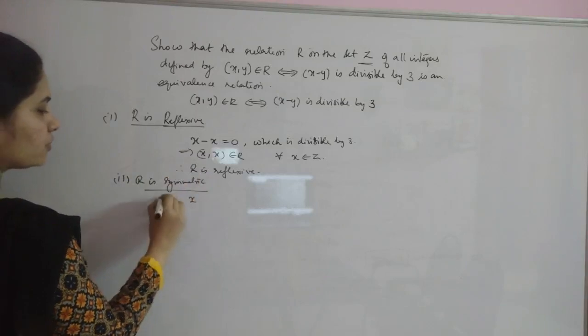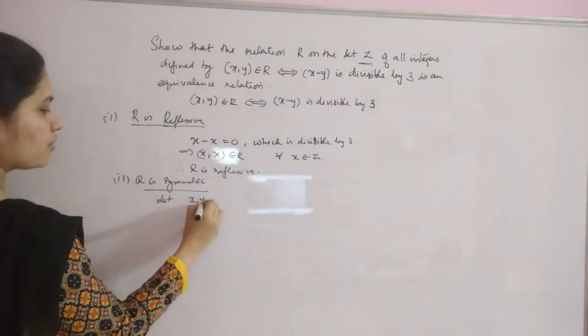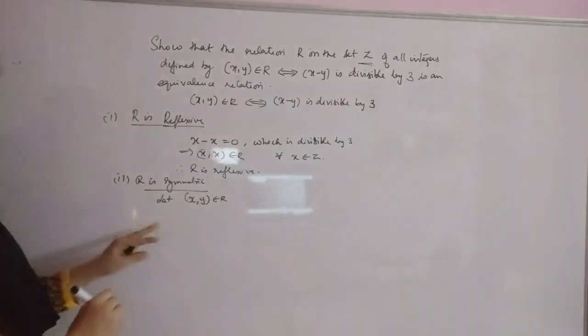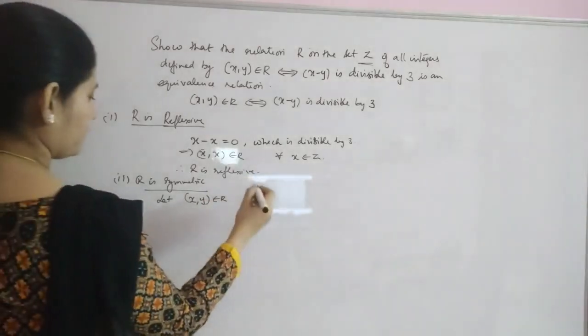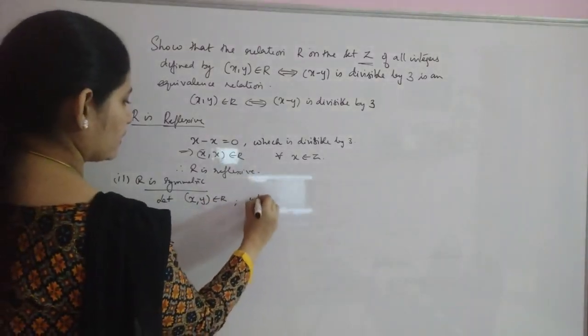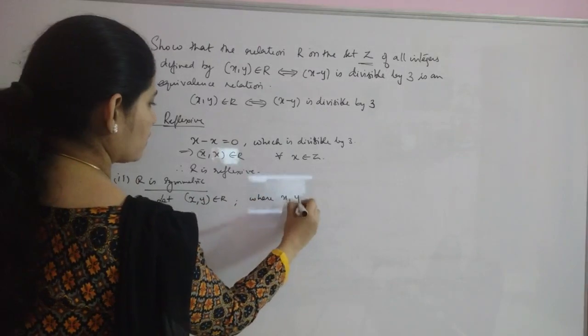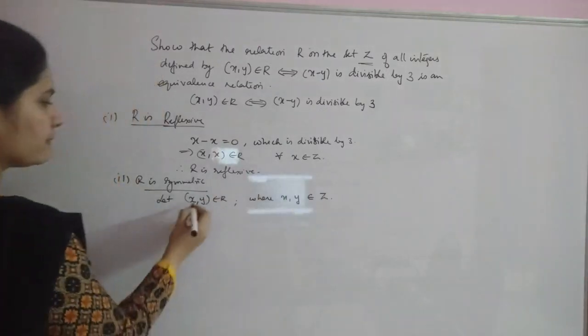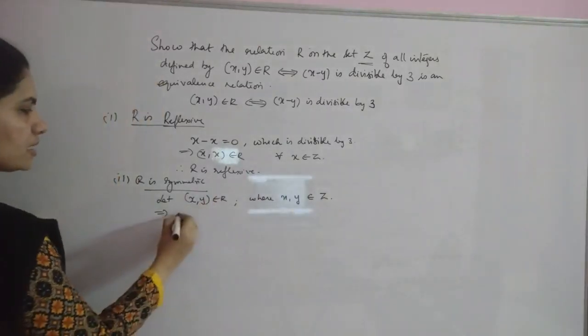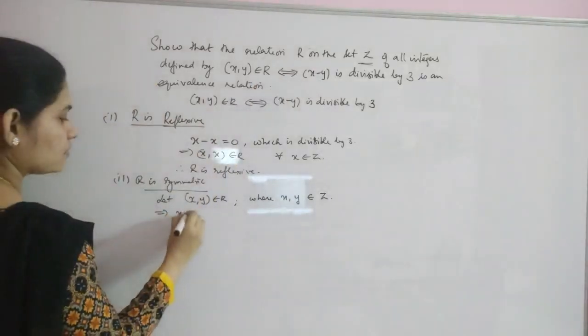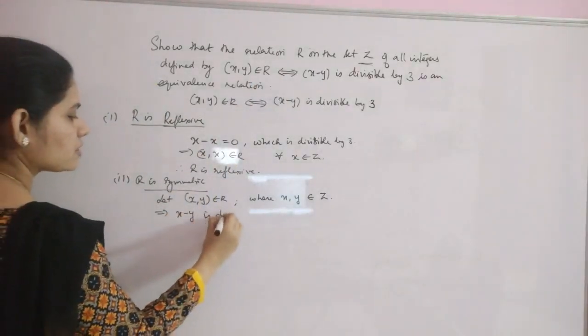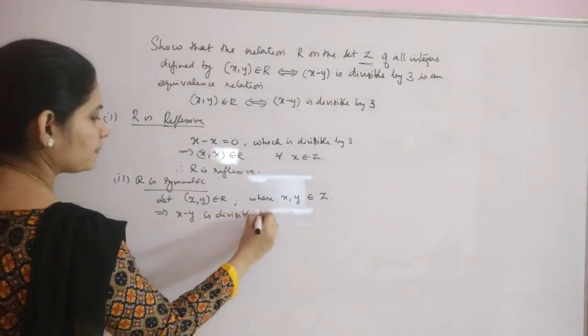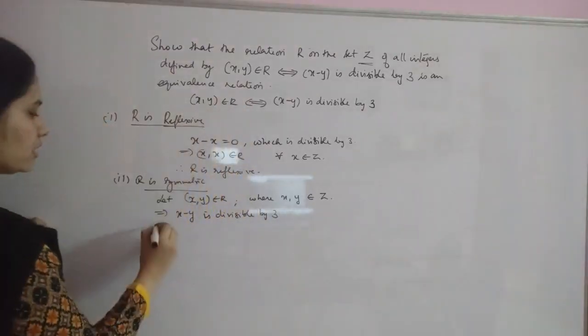You have to take one pair, let x comma y belongs to R, where x and y both are integers, x comma y belongs to Z. Now x comma y belongs to R means what? x minus y is divisible by 3 by the definition given.